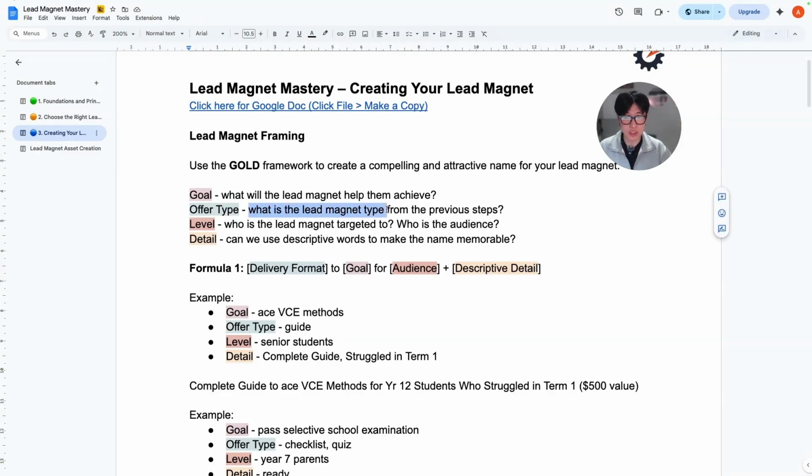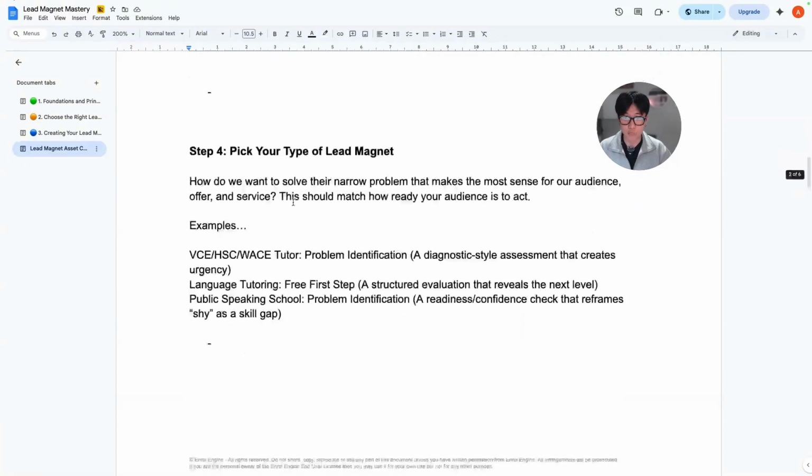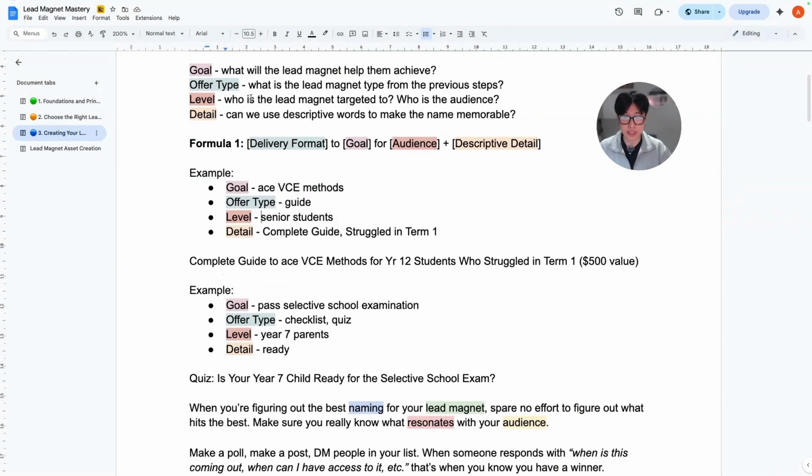The offer type, what is the lead magnet type from the previous steps that we've outlined? So pick your lead magnet type since step 4. The level, so who's it actually targeted to and who is the audience, which is also from a previous step. And the detail, can we use any descriptive words or any pattern interrupts to make the name more memorable?